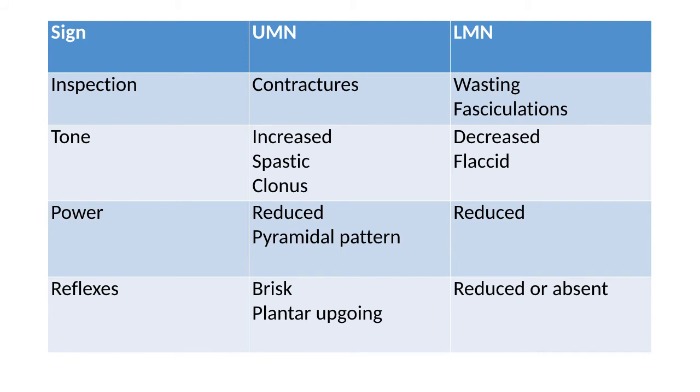If there's some sort of lesion affecting anywhere down that area, they will have this set of clinical signs that you can pick up on your examination. And if the lesion that you're concerned about is distal to the anterior horn, so that will include the nerve roots, anywhere in the plexus, anywhere in the peripheral nerve, then these are the signs that you'll pick up on your clinical examination.